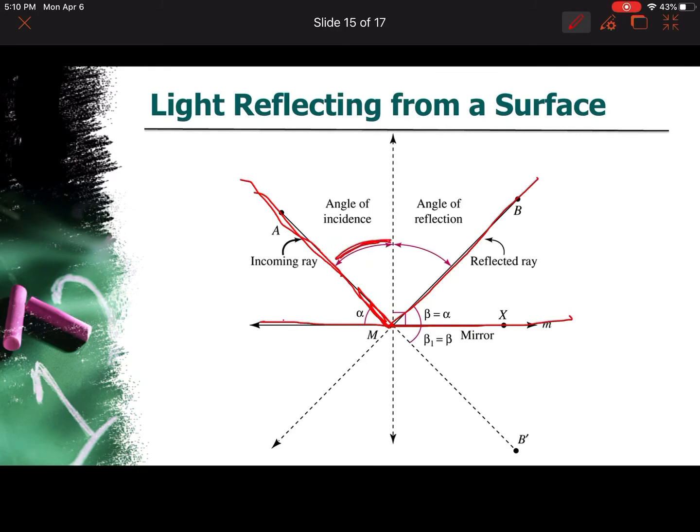What we know is this angle that it makes, we call it the angle of incidence, and it's the angle between the perpendicular to the mirror and the light hitting the mirror, is the same as the way it reflects away. That combination of hitting and reflecting off of something gives you that same angle.